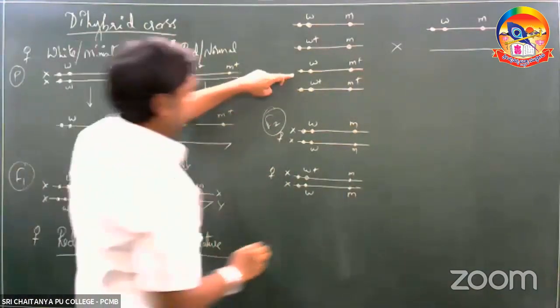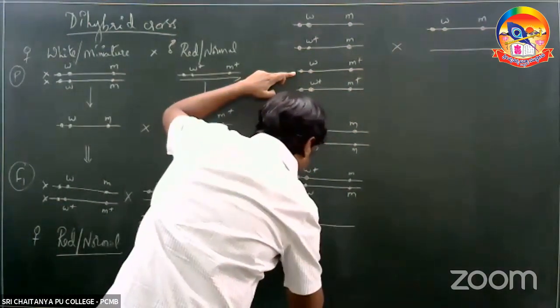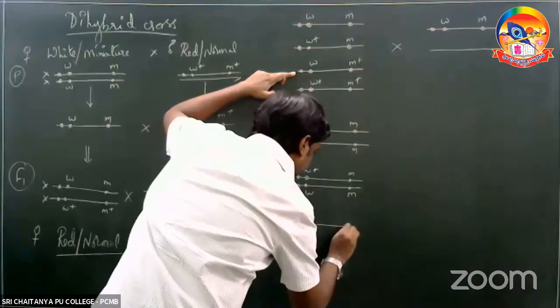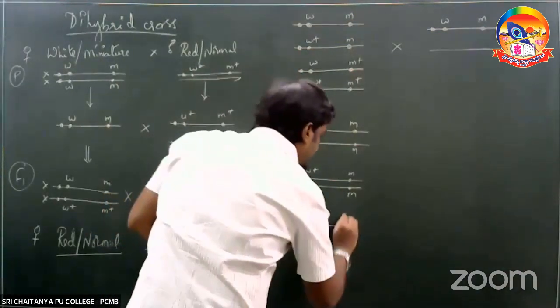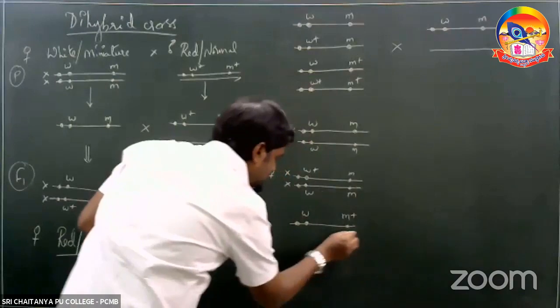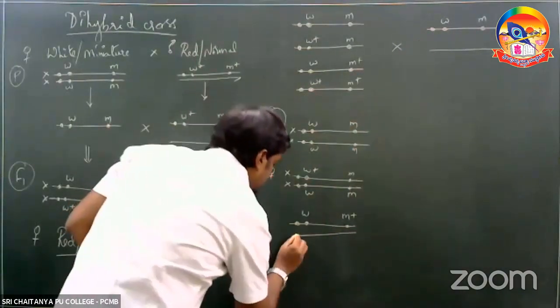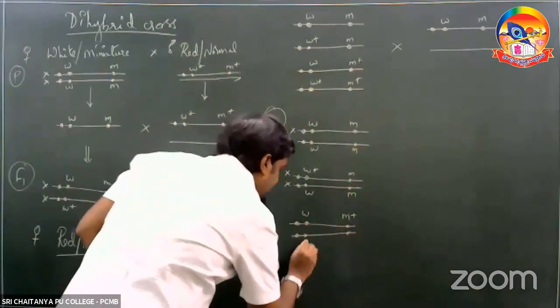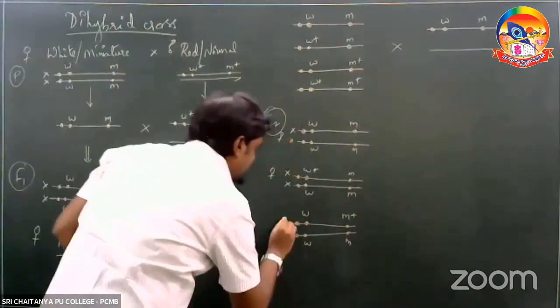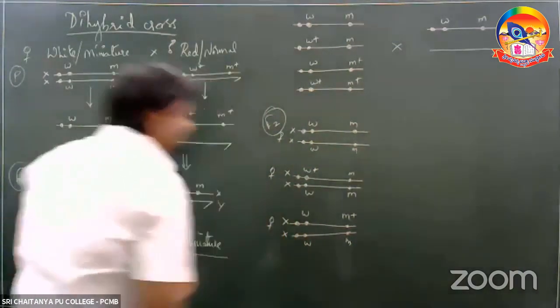So the individual is a female. The third X chromosome of the female, containing alleles W and M plus, would be crossed with the X chromosome of the male. The X chromosome of the male contains which alleles? W and M. So this is one X chromosome, this is another X chromosome, so this individual would be a female.